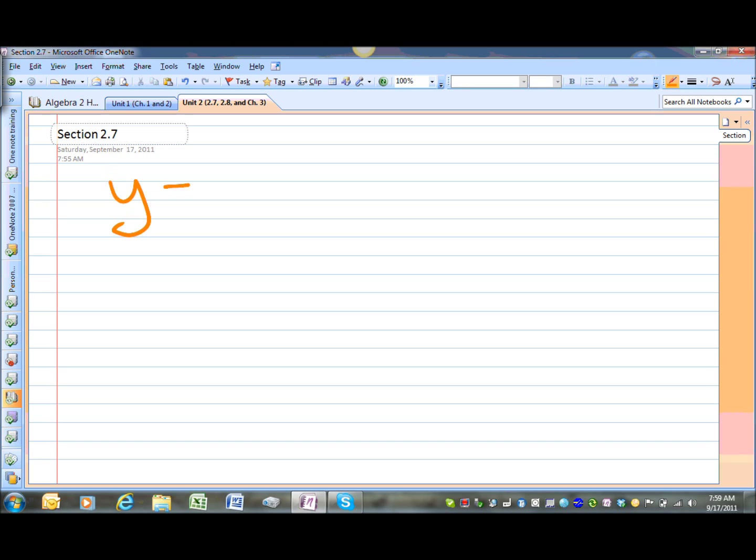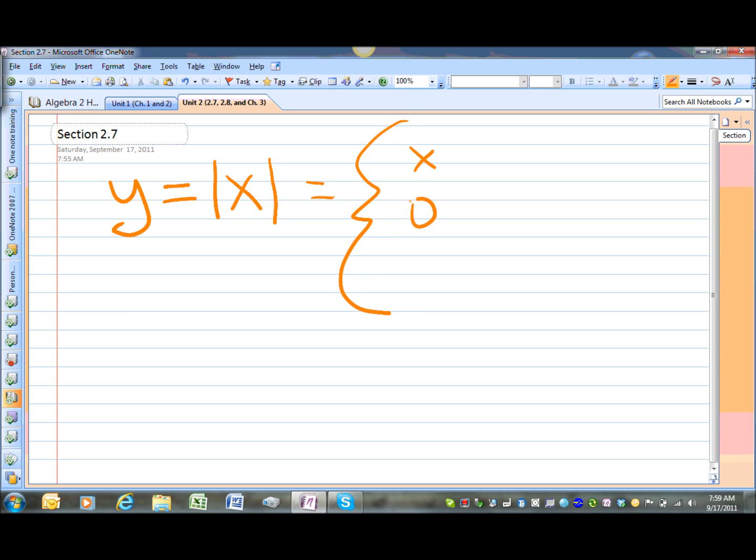So you have y equals the absolute value of x. And in the spirit of the Giants actually playing good baseball last week, I'm using orange and black as our colors for today. So remember what that had equaled, right? It had equaled x, 0, or negative x, depending on the condition.